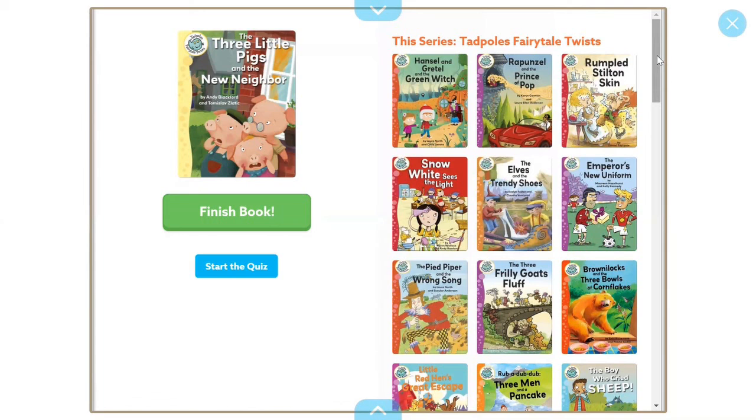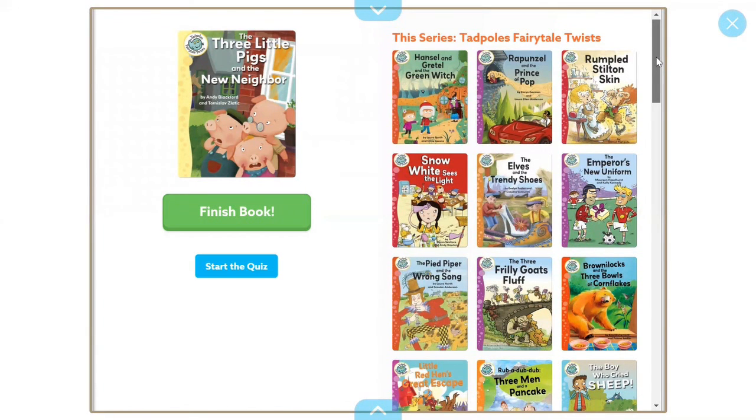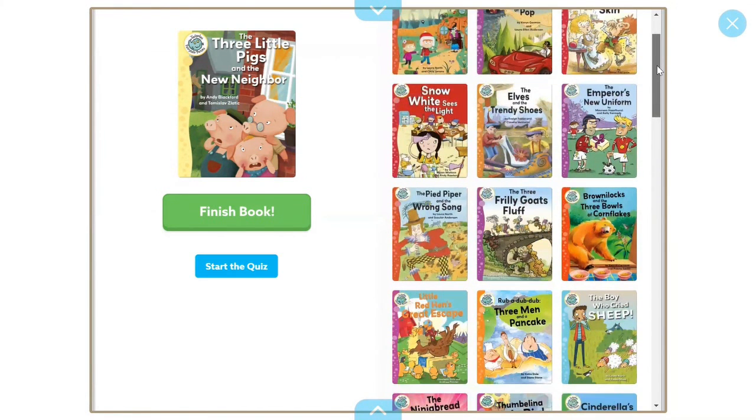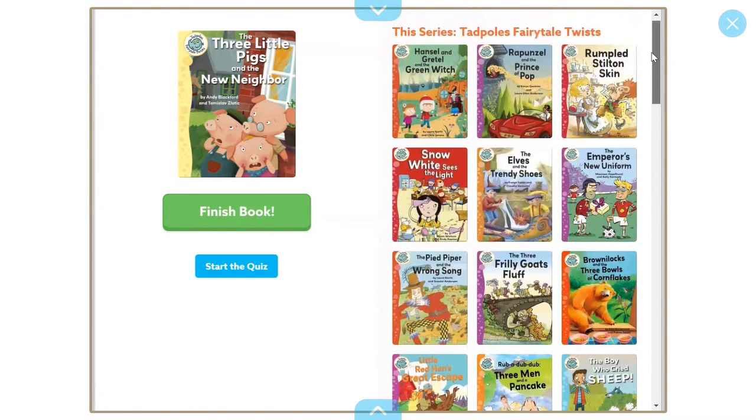And something that's pretty cool is I was telling you there's all these different fairy tales or fractured fairy tales here on this website. Here's some examples. So we have Hansel and Gretel and the Green Witch, or Rapunzel and the Prince of Pop. Snow White Sees the Light, the Elves in the Trendy Shoes, the Emperor's New Uniform, the Three Frilly Goats Fluff.